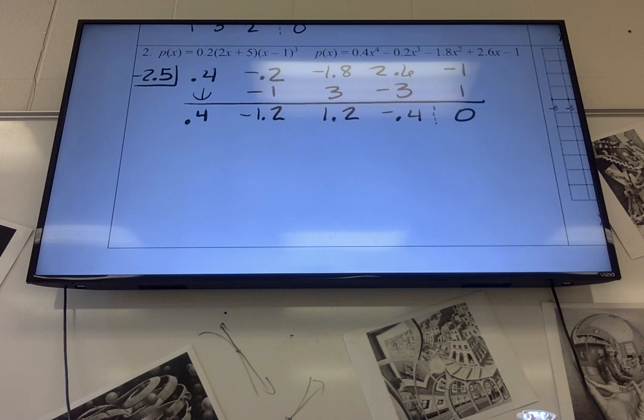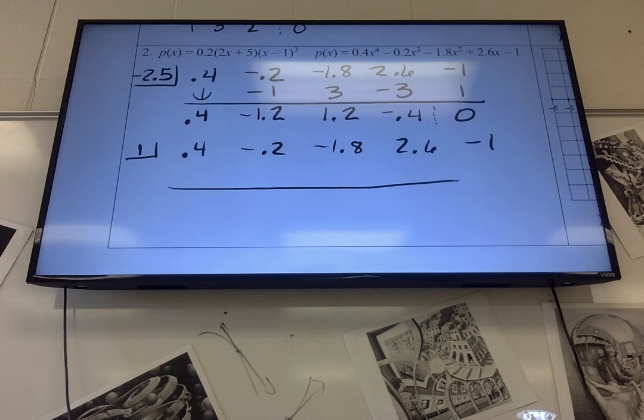Now the other zero was a 1. So I have 1 times 0.4 is 0.4.